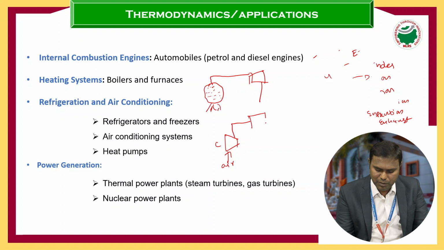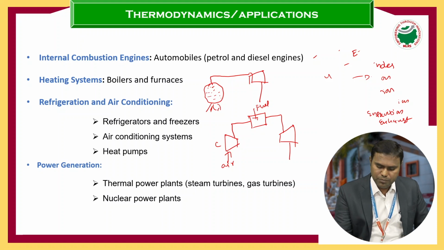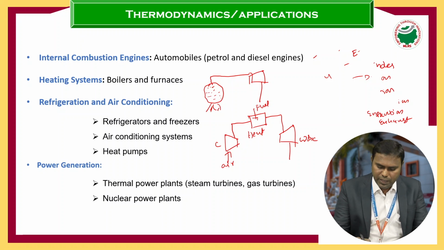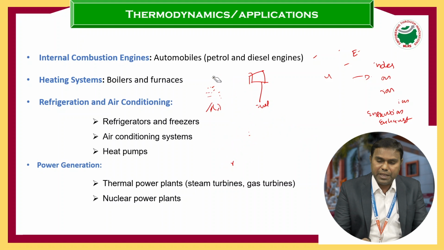This is the combustion chamber where the fuel is injected and burned, producing hot gases, and these hot gases enter the turbine and produce mechanical work. So here also we are giving heat input and getting work output from the system. Discussing this is again called thermodynamics. In all these three applications, heat energy is converted into mechanical work.